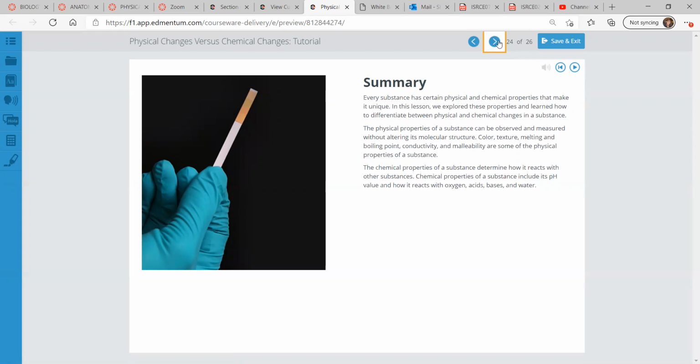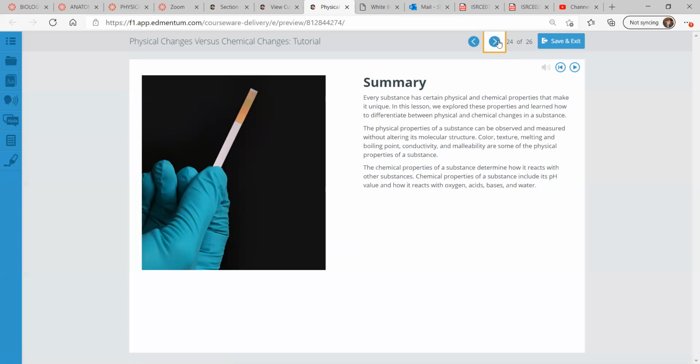The physical properties of a substance can be observed and measured without altering its molecular structure. Color, texture, melting and boiling point, conductivity, and malleability are some of the physical properties of a substance.